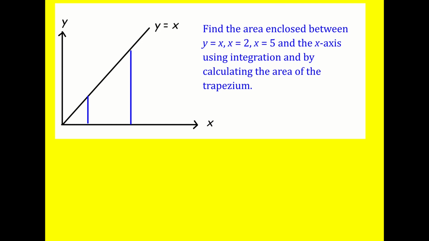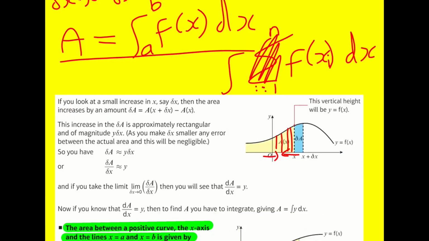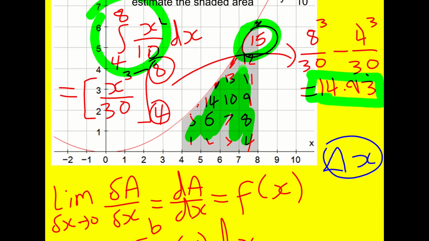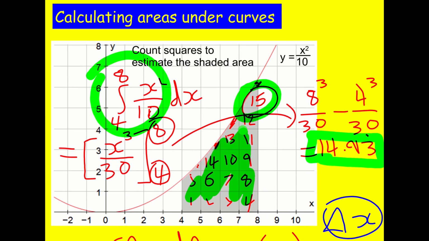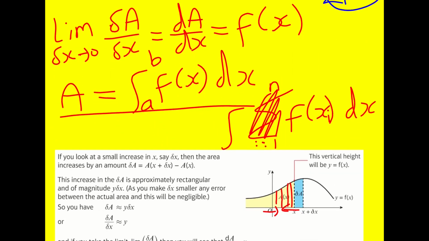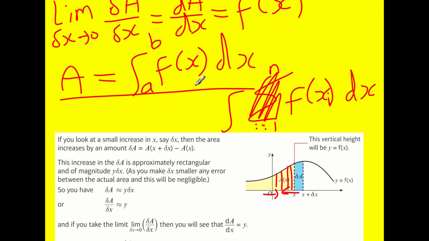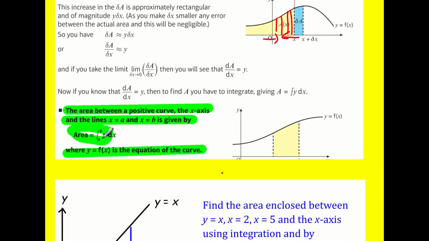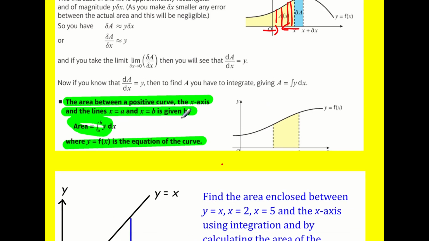Okay, so I've spent quite a bit of time talking about integration and how it can be used to calculate the areas under curves. These are called definite integrals as opposed to indefinite integrals. As soon as you start writing limits, which we call a and b, on your integral, you are dealing with a definite integral.